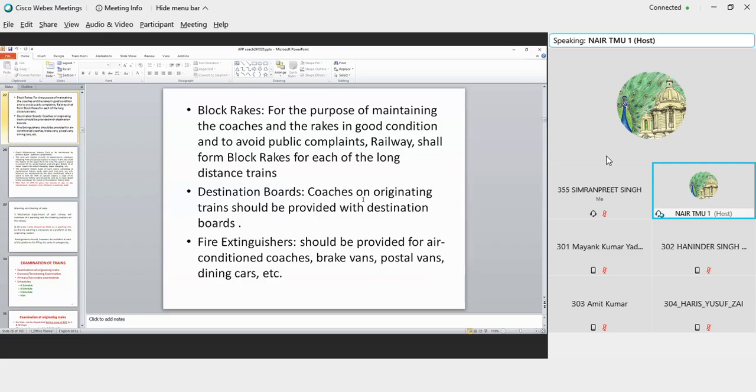Now, these depots would maintain block rakes. Basically, a block rake is a set of 24 coaches. It's a rake which is maintained for a specific train. Destination boards, fire extinguishers, all this is provided by these parent coaching depots.